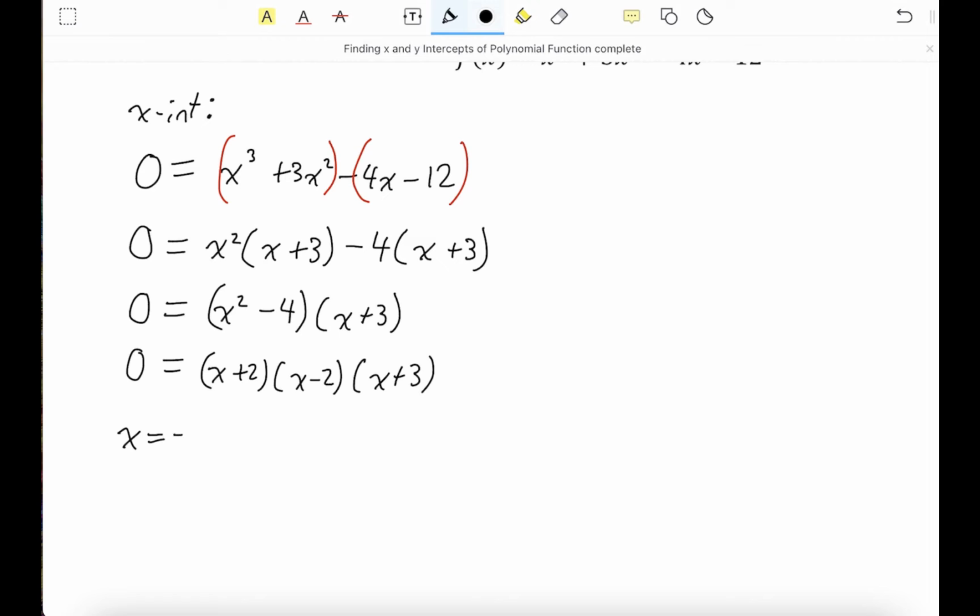And we see that x equals negative 2 is a 0, x equals 2 is a 0, and x equals negative 3 is a 0. We can write these as points as well: negative 2, 0; 2, 0; and negative 3, 0.